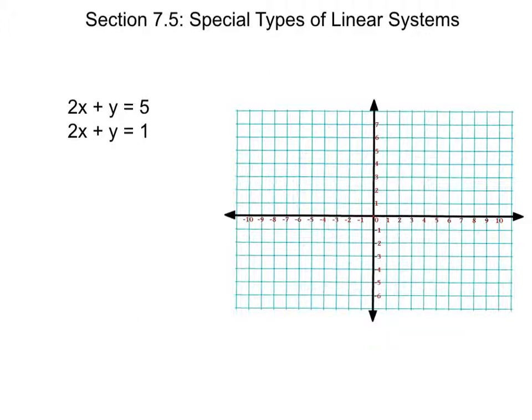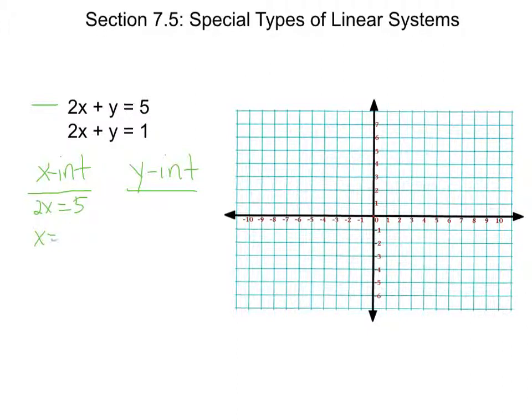So our next example, what we're going to do is we're going to do the same thing, except we're going to use our intercepts once again. This time we get to use intercepts for both of them. So again, we're going to have our green line. Okay, so we have our x-intercept and our y-intercept. Okay, x-intercept, we have 2x equals 5.